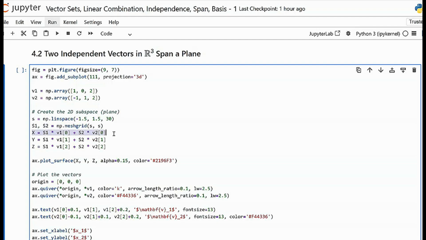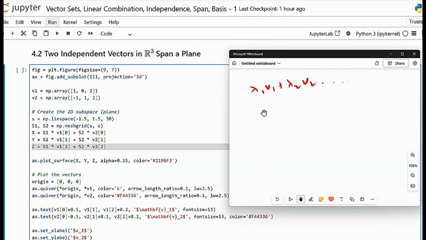Kindly observe, dear friends, it computes the x coordinate of all points on the plane, this one is the y coordinate, and here we have the z coordinate. Together these implement lambda 1 v1 plus lambda 2 v2 for many values of lambda 1 and lambda 2.